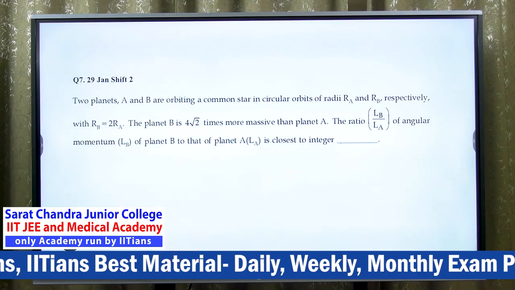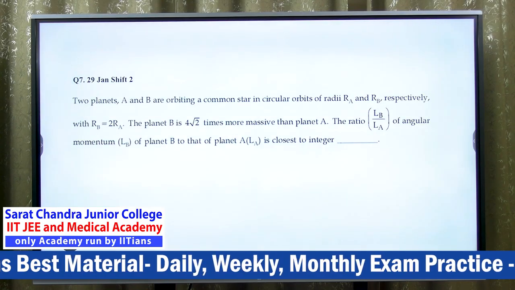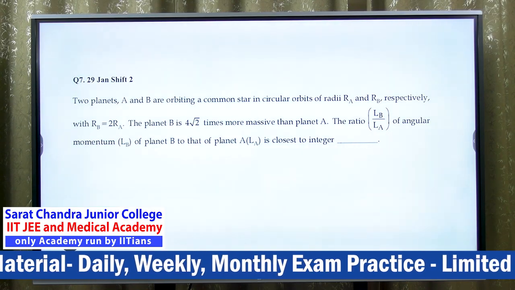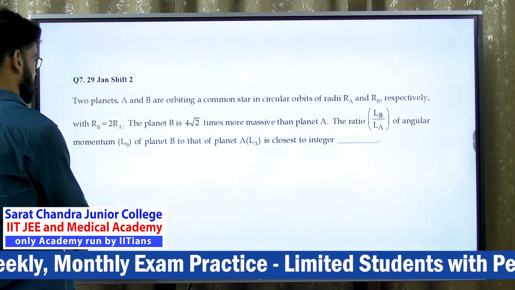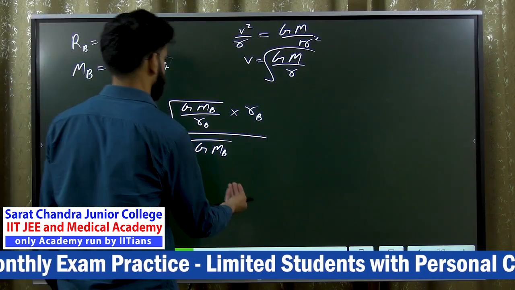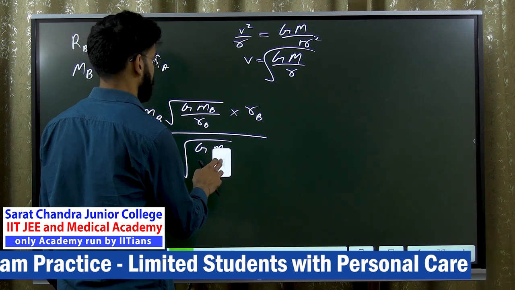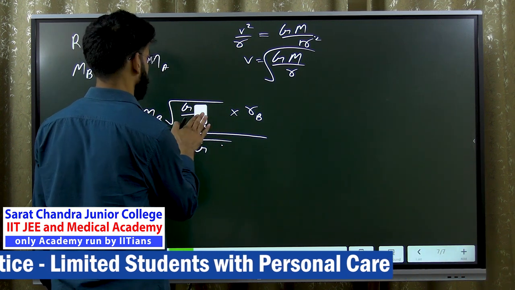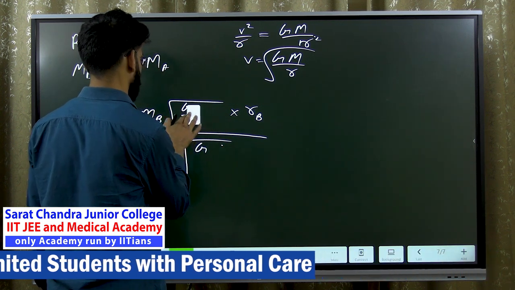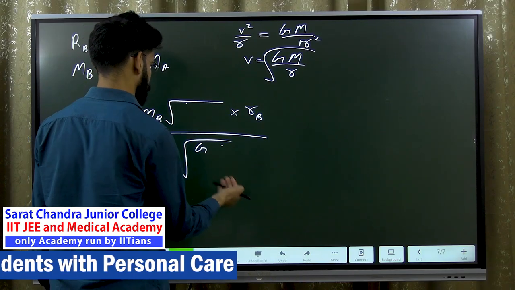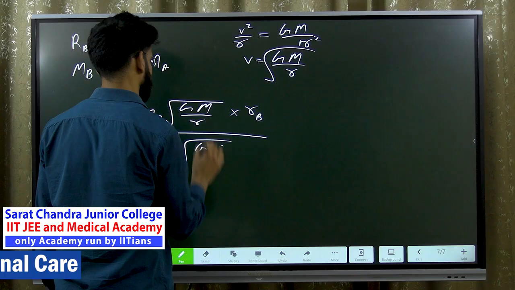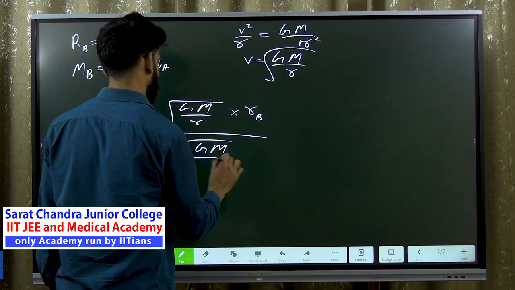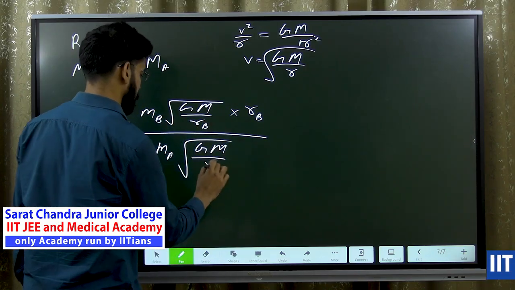For the satellite he is writing, right, two planets A and B orbiting a common star of radius RA and RB. Okay, common star means this is not small m, see here, this is capital M, the mass of the star, so the mass of the star is the same. So G capital M, this is RB, this is RA, okay.